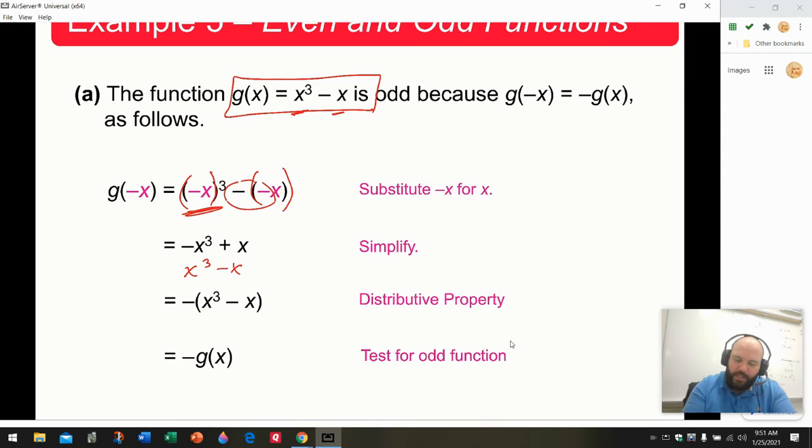Originally, this was a positive x cubed. Now it's a negative x cubed. Originally, this was a negative x, and now it's a positive x. So all of the signs flipped and became the opposite of what they were. So what that means is this function is odd, because when we substituted a negative value in, every one of the terms' signs went to the opposite of what it was.